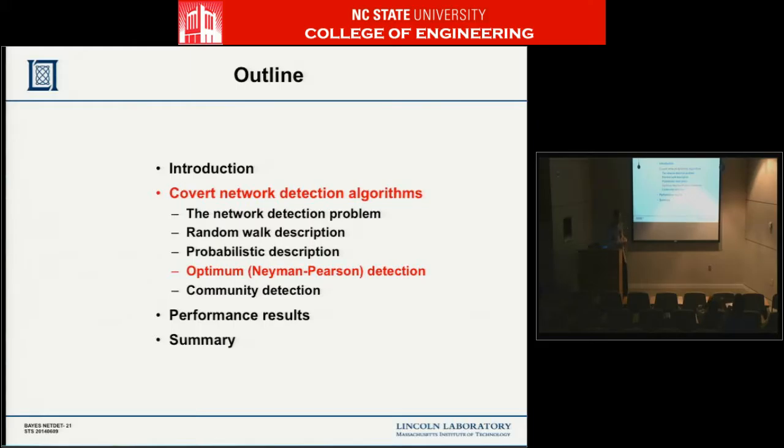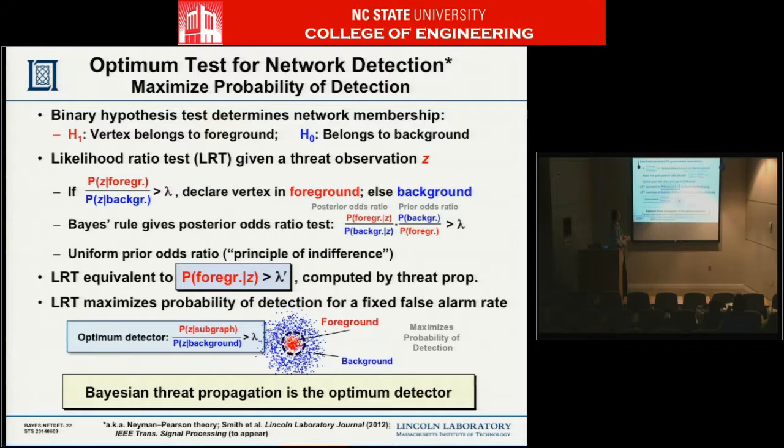And so now I'll talk about optimality. If you express this network detection problem as a detection problem and say, okay, I want to turn the crank and come up with the optimum detection strategy that's going to maximize my probability of detection given a fixed false alarm, you do that, and just like standard Neyman-Pearson detection theory, you get this likelihood ratio that pops out.